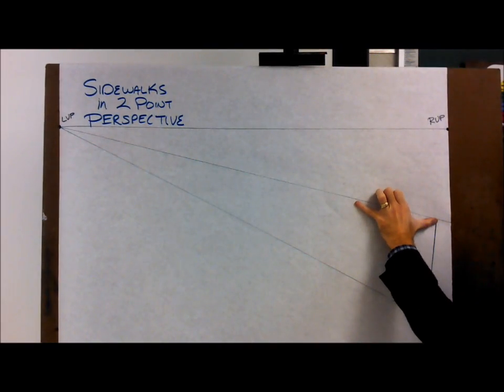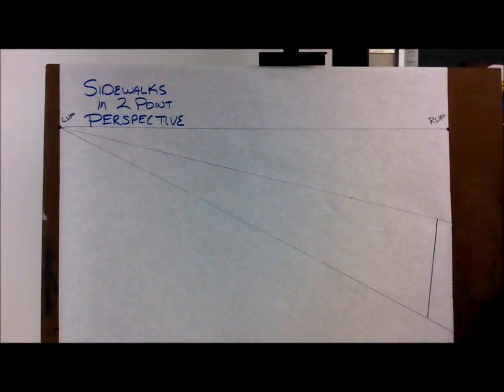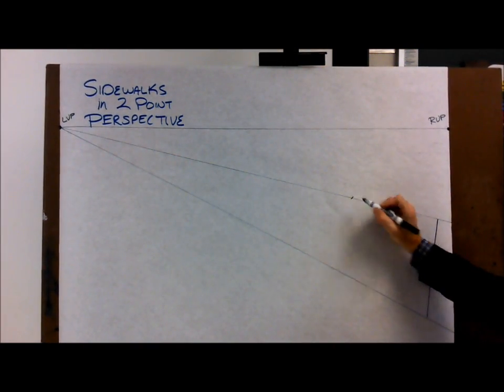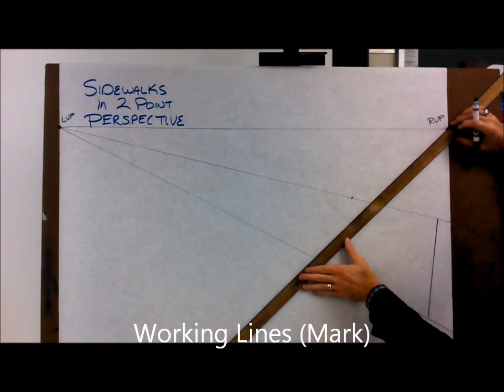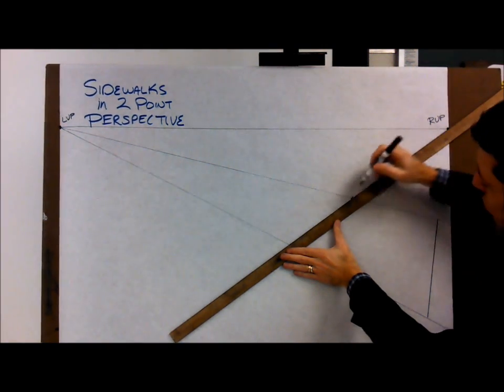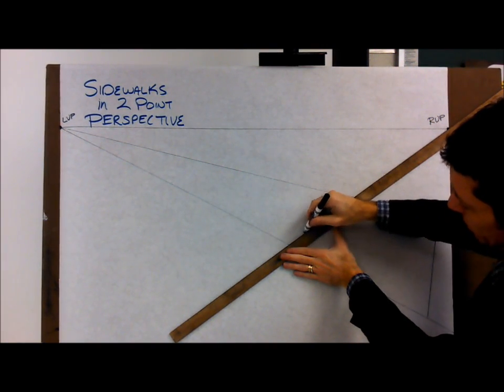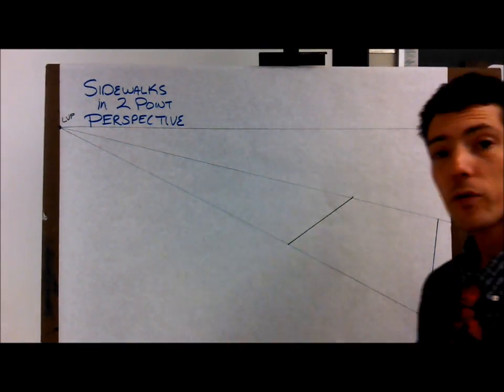And I'm going to put a quick little mark here to define that. So this is a working line. That's kind of a little mark I've made there. And now, lining up with my right vanishing point, I am going to draw that in just like that. So those are the first few things that we've got.